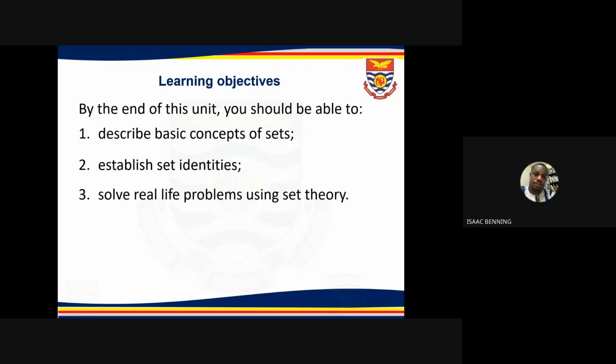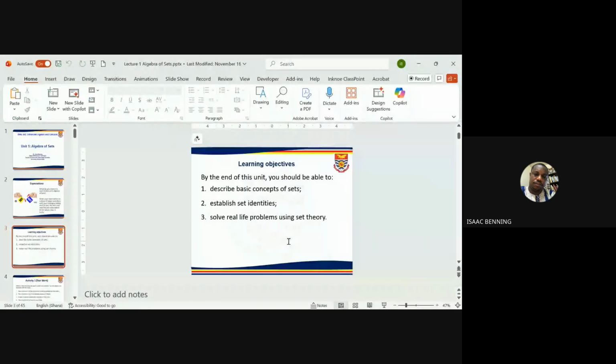At the end of the day, you'll be able to describe basic concept of set, establish set identity, and solve real-life problems using set theory.